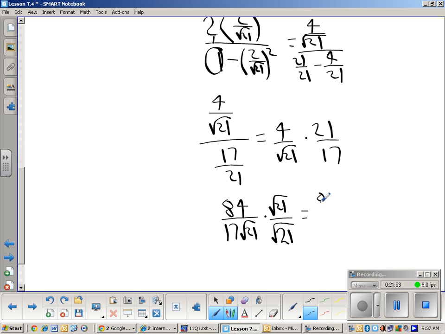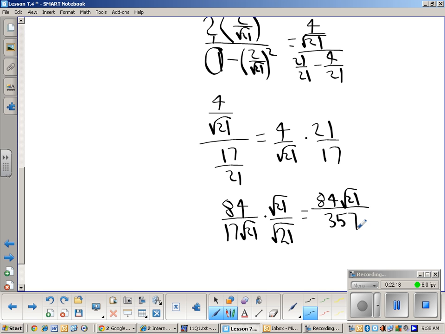So on top I get 84 square root of 21. And on the bottom, I get whatever 17 times 21 is. 357. 21 has a 3 and a 7 in it. Right?